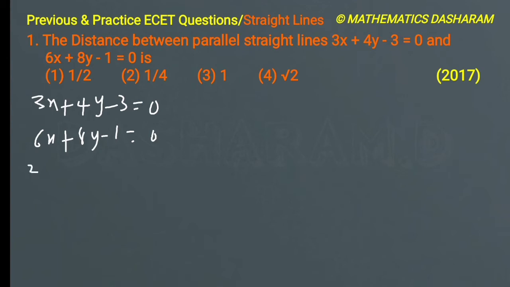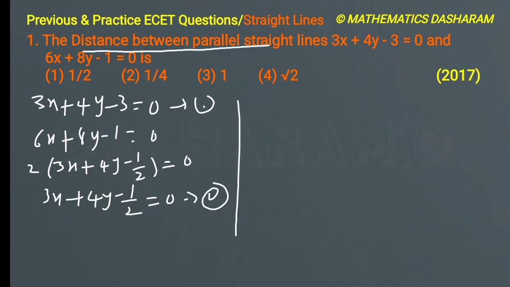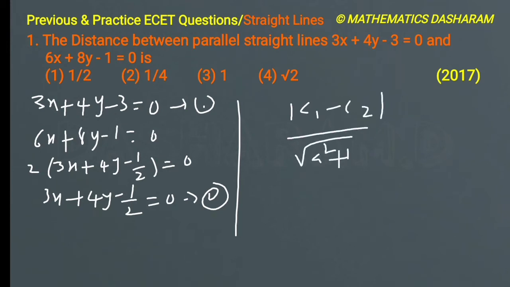So take the 2 common from the second equation: 3x plus 4y minus 1 by 2 equals 0. These are equation 1 and equation 2. Now the distance between parallel straight lines formula is mod (c1 minus c2) divided by the square root of (a square plus b square).